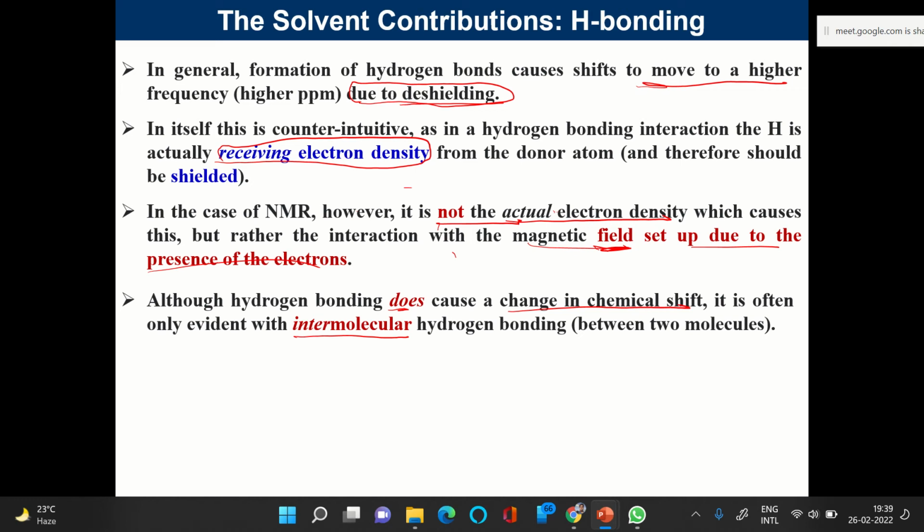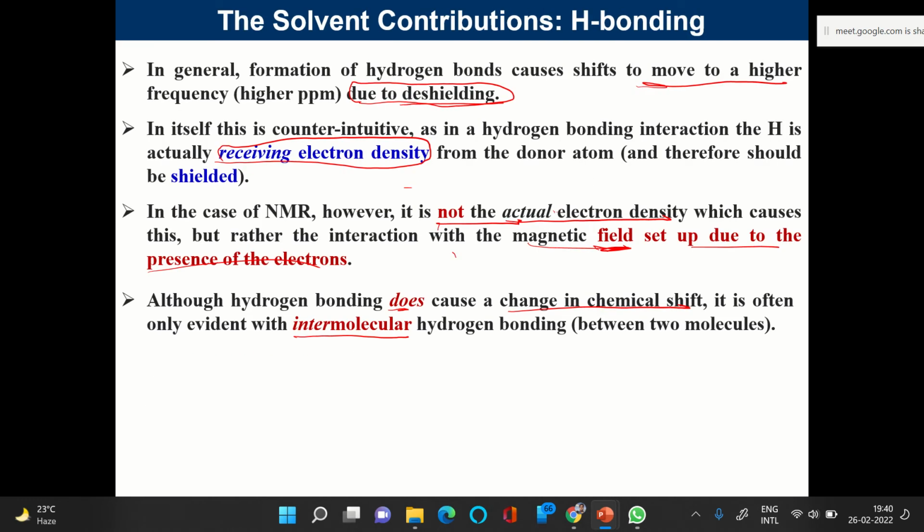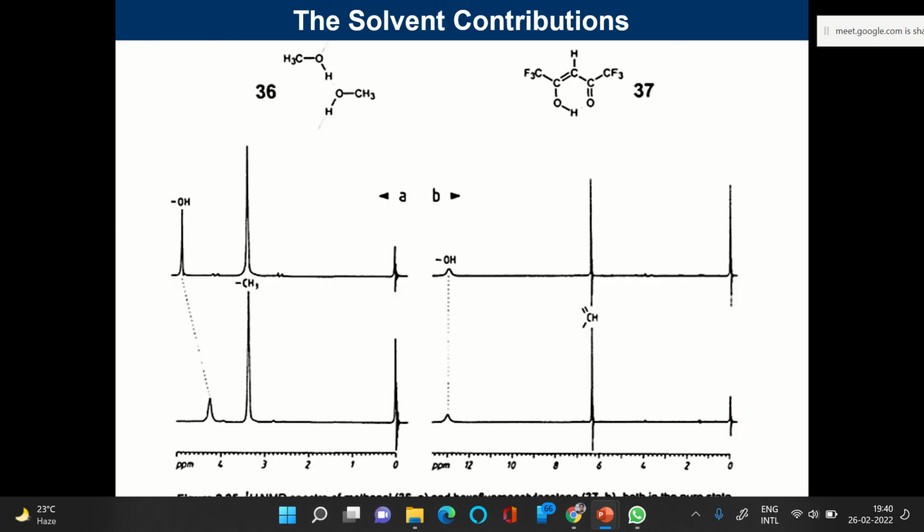It keeps varying if it is intermolecular in nature, but if it is intramolecular then it is not affected by the solvent, and so although there will be hydrogen bonding interaction, the extent of hydrogen bonding is not affected by the solvent, so it remains intact, unchanged in such cases.